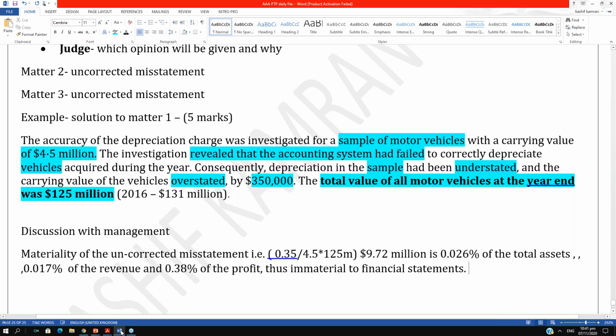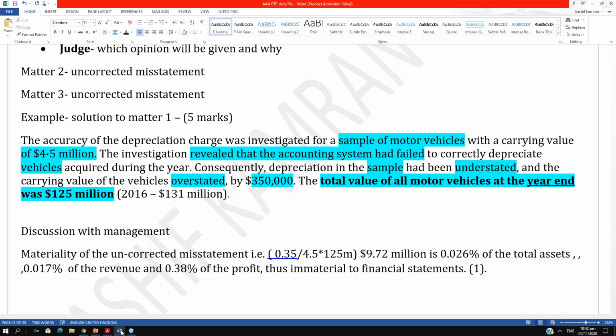So the materiality of the uncorrected misstatement is immaterial to the financial statement, right? So will we get 1 mark for that? Full stop. Will we discuss with the management that even though the extrapolation is immaterial to the financial statement, we need to discuss with management the first thing, materiality.